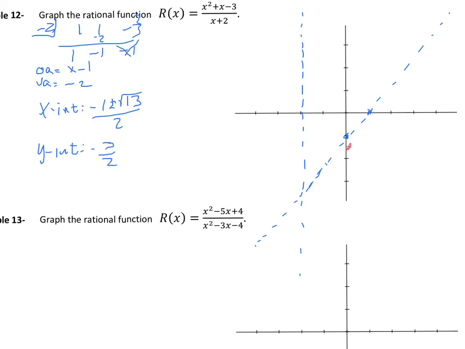Okay. So what about x-intercept? So what's negative 1? Okay, so root 13's about 3.5-ish. 3.6 maybe. So 1.3 and negative 2.3. Okay, so we're here.